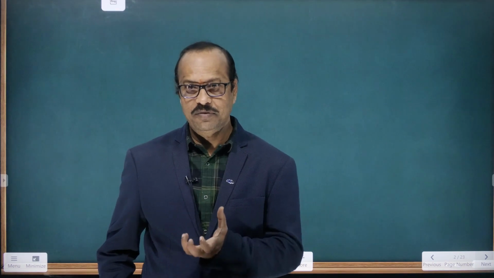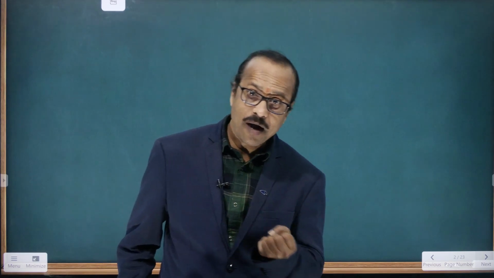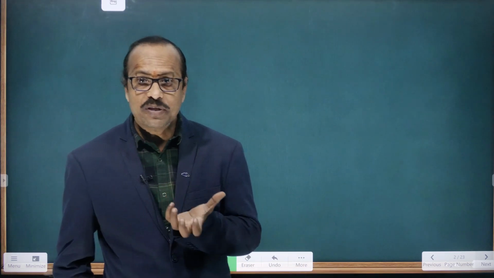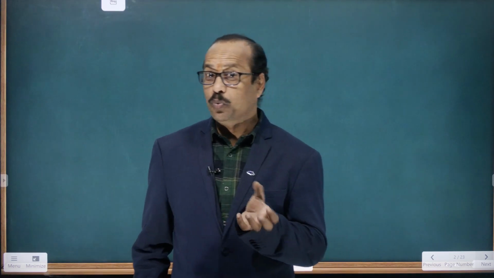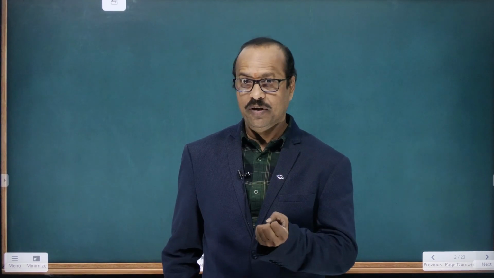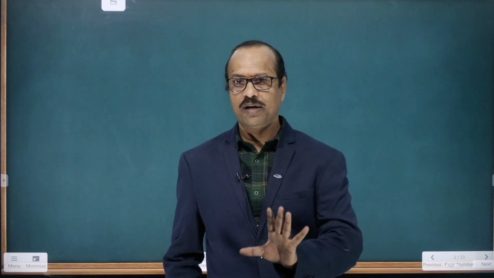Which chemistry deals with the living things? No. Here organic chemistry means what? The compounds. It's a branch of chemistry which deals with the compounds which are directly or indirectly derived from the living organisms. This is the actual normal definition.